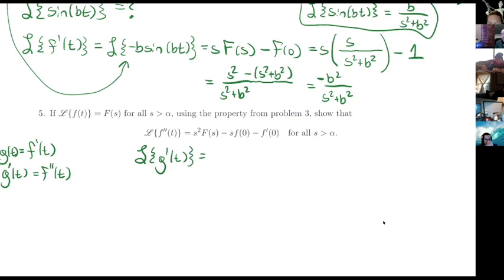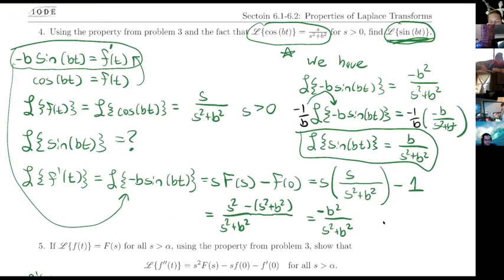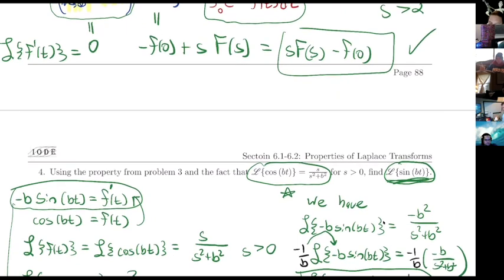And so if I want to take the Laplace transform of g prime, I could now use the result that we said we know how to do this for first derivatives, namely that's the formula up top.